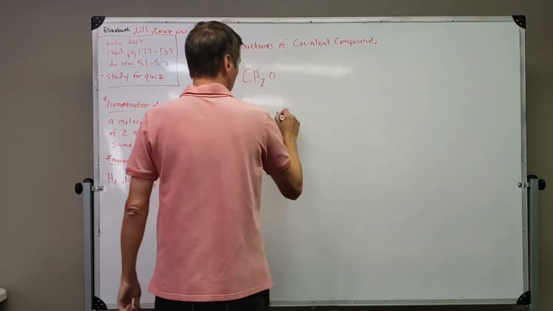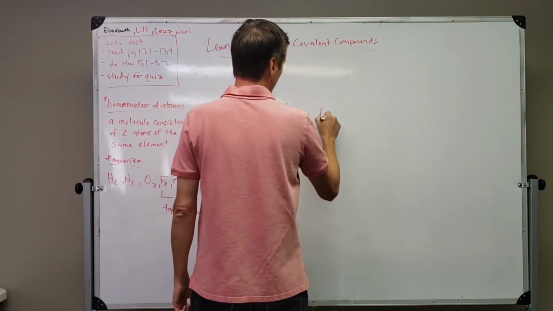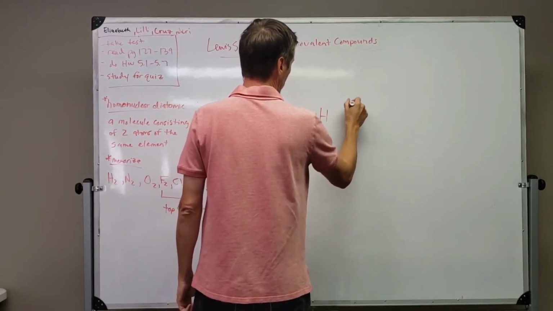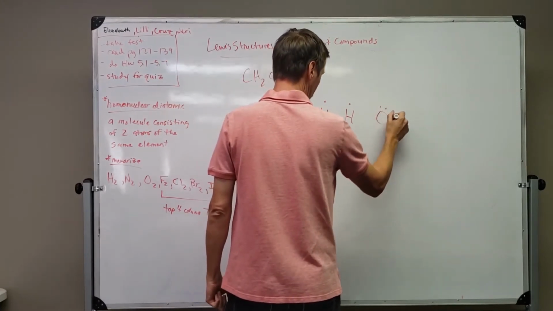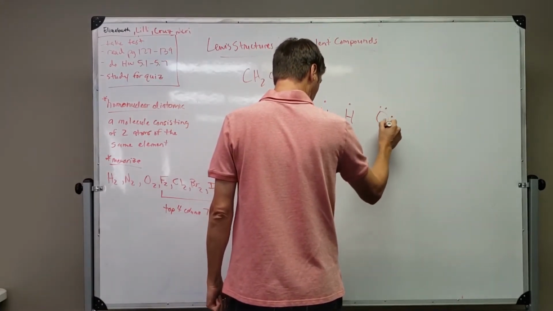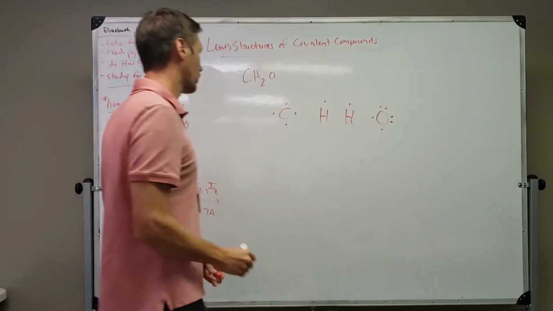So let's write down C. We know it is in column 4A, 4 dots. H, 2 of those, each with a single dot. And then O has 6 dots in column 6A. We'll just write it like that.